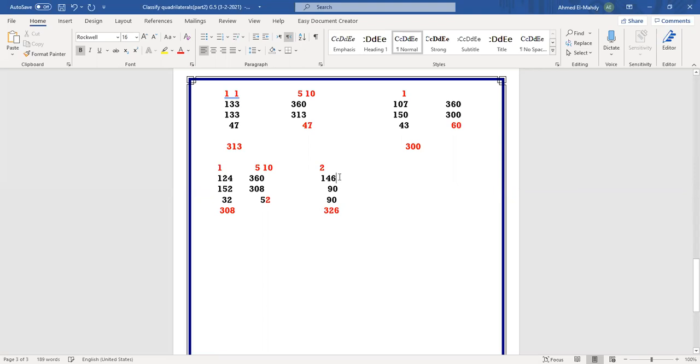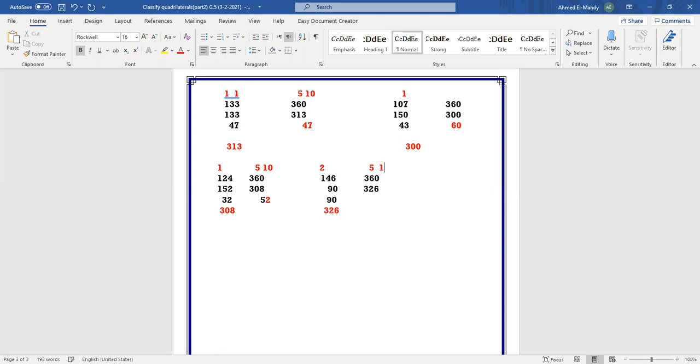Subtract 360 minus 326. 0 minus 6, can't be. 0 is smaller than 6. We borrow 1 from 5. From 6 it will be 5.